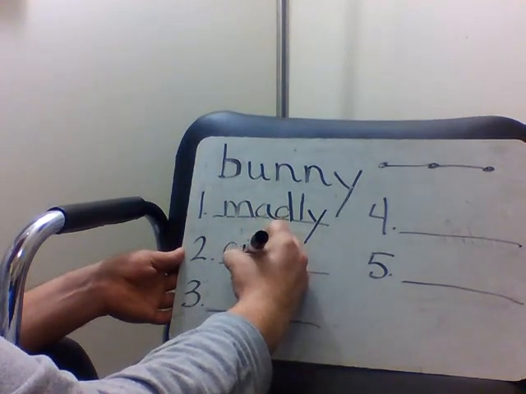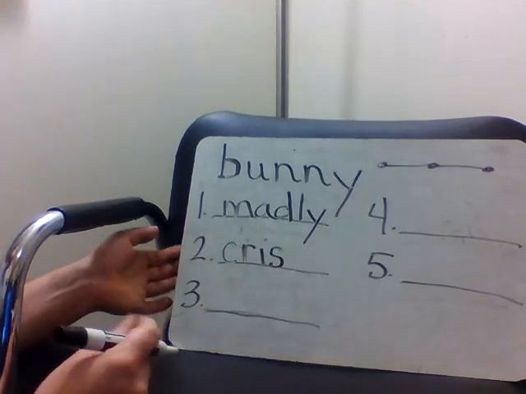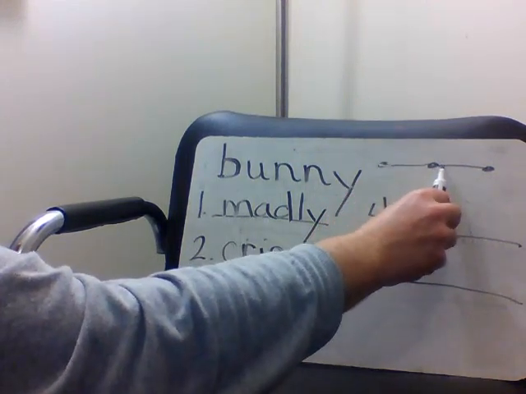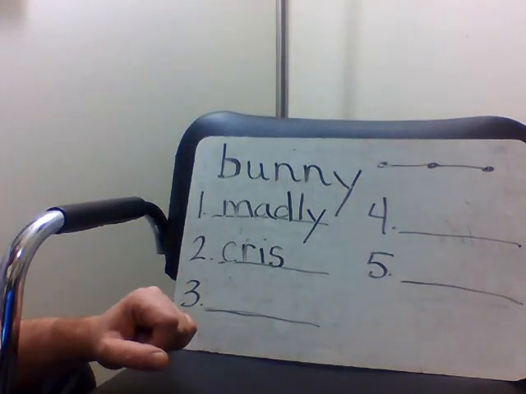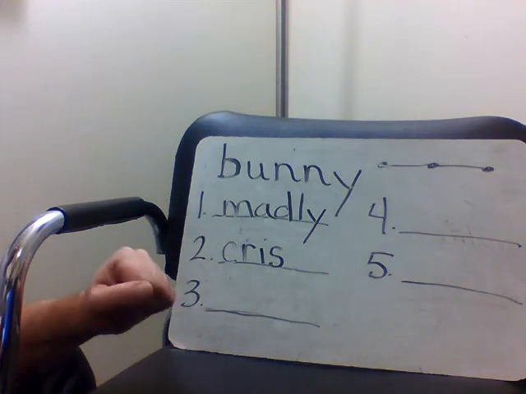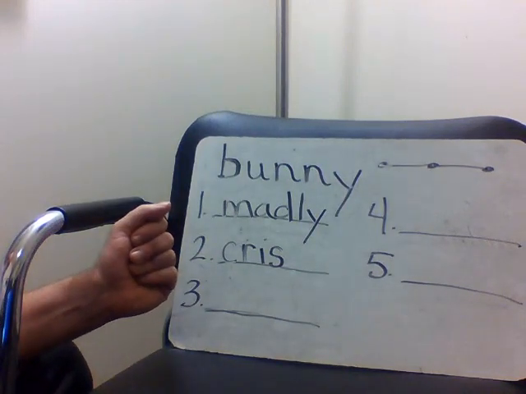If you spelled it C-R-I-S, then you are correct. There's Chris. Now let's do the second syllable. What do we hear in it? Ep. So what 2 letters do you hear in that second syllable? Spell it. Remember how we're going to make the E at the end. Pause me.